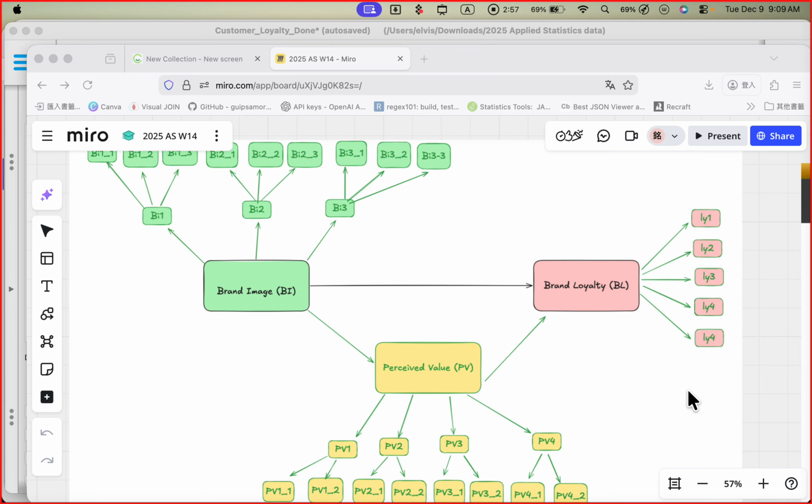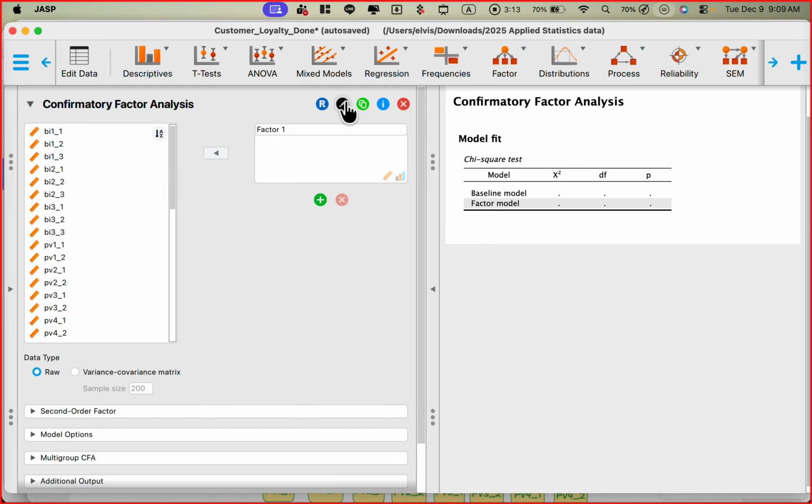Okay. So we can use the name such as BI1, BI2, BI3 instead of factor 1, factor 2, factor 3. So let's do it. And you can rename this one as BI1. Okay. And select the BI1 indicator.